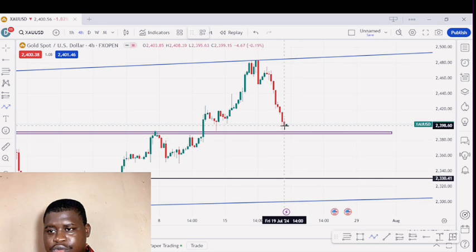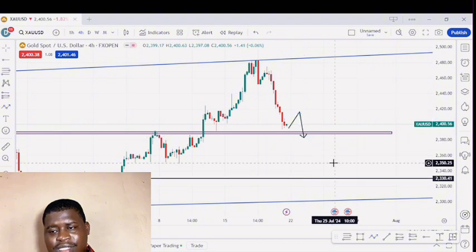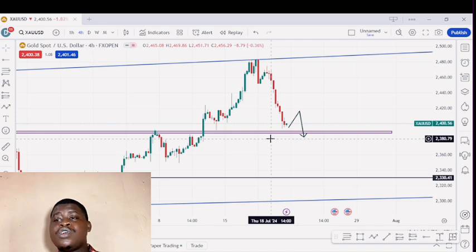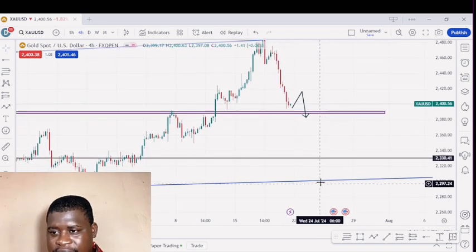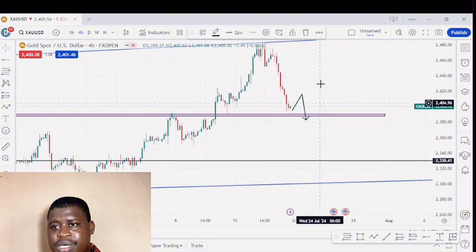If it wants to do something like this and come down here, because there are certain technical levels the market does fulfill before it has to respect those technical levels. And I believe this trend line is as well one of it that it wants to respect.